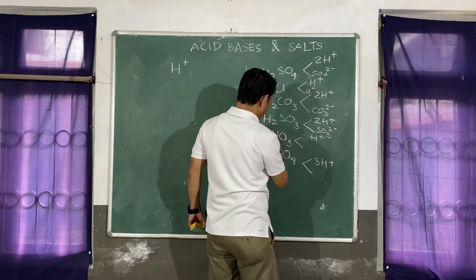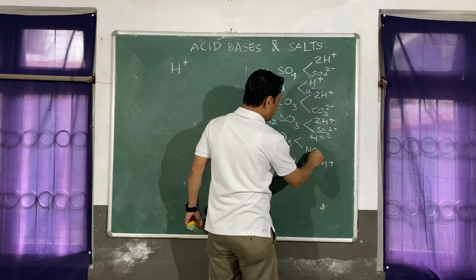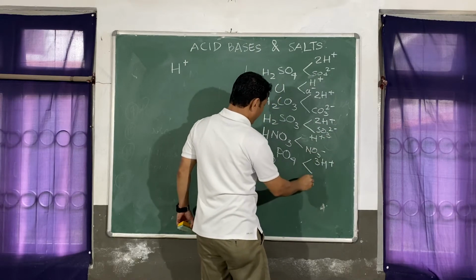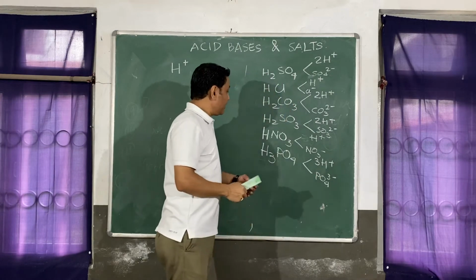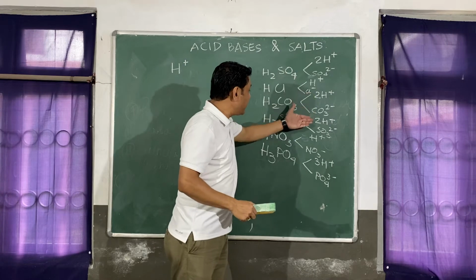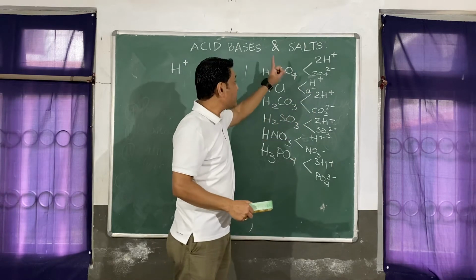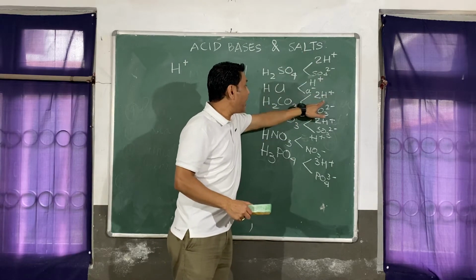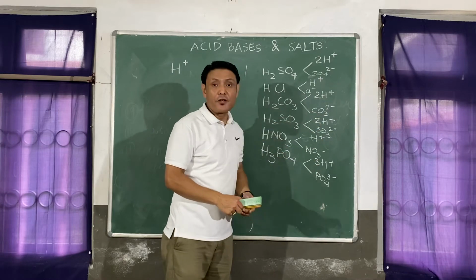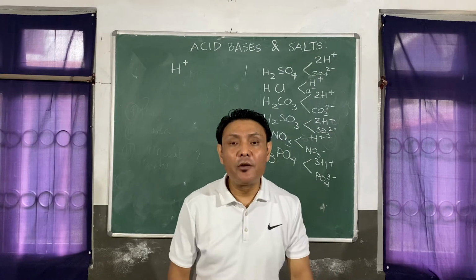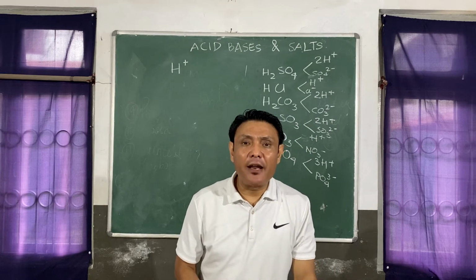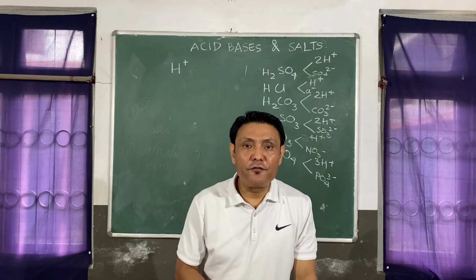Nitric acid has NO3- and phosphoric acid PO4 3-. So negative ions are different in different acids, but the positive ions are all hydrogen ions. An acid is a compound which when dissolved in water produces hydrogen ion as the only positive ion.